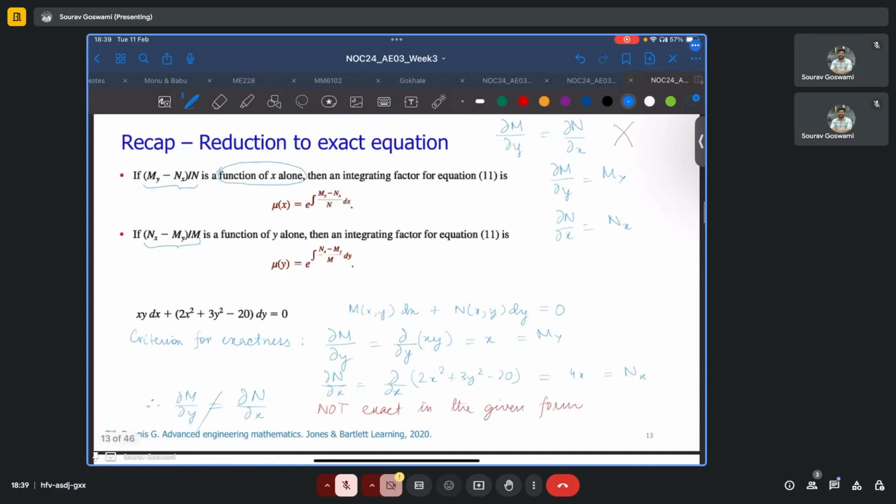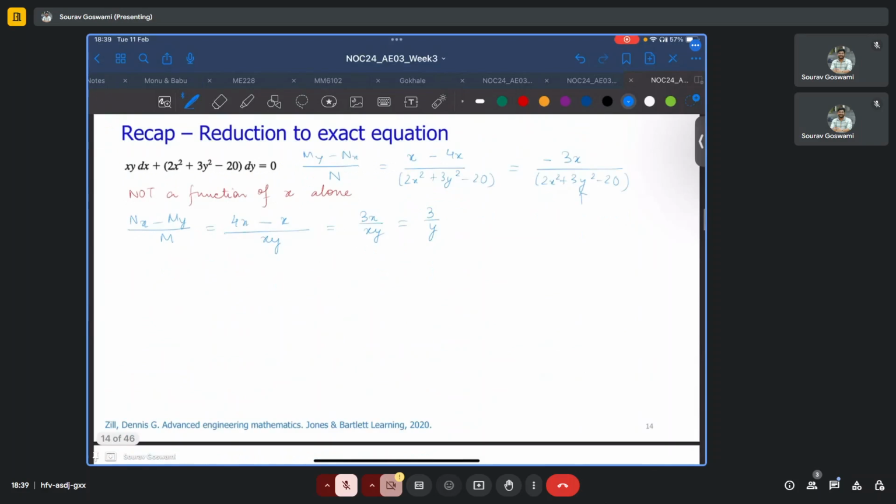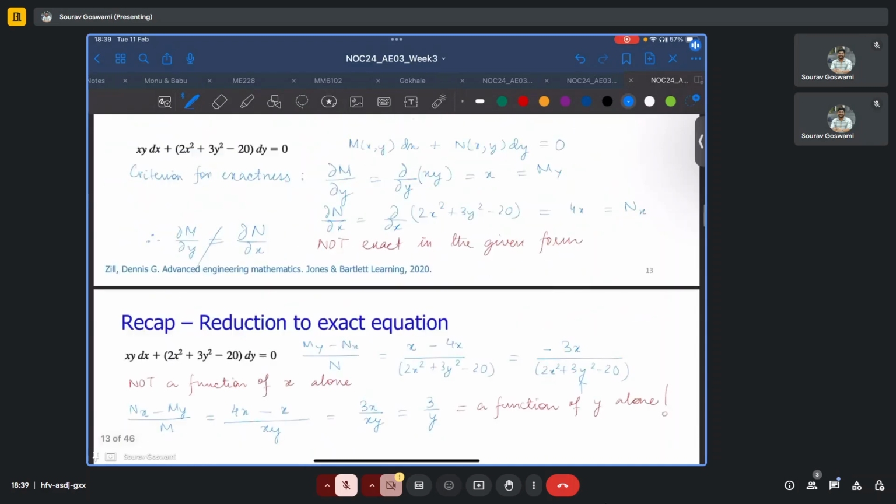Now, is (Nx minus My) by M a function of y alone? Yes, it is. Since it is a function of y alone, we may still be able to reduce this given equation into an exact differential equation. And let us see how that can be done.